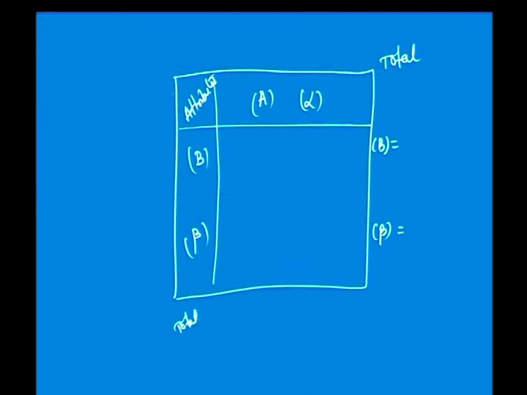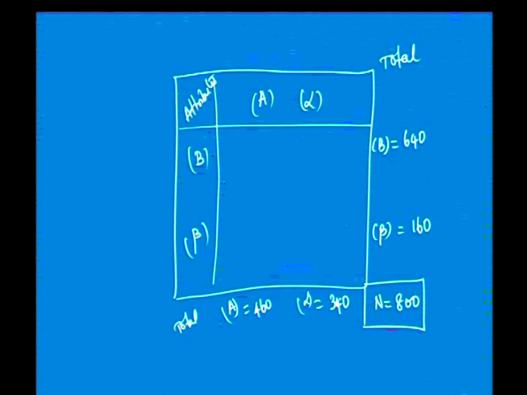Here you are going to get the grand total, n, given to be equal to 800. We have found out the B value as 640 and beta as 160, A value as 460 and alpha value as 340.